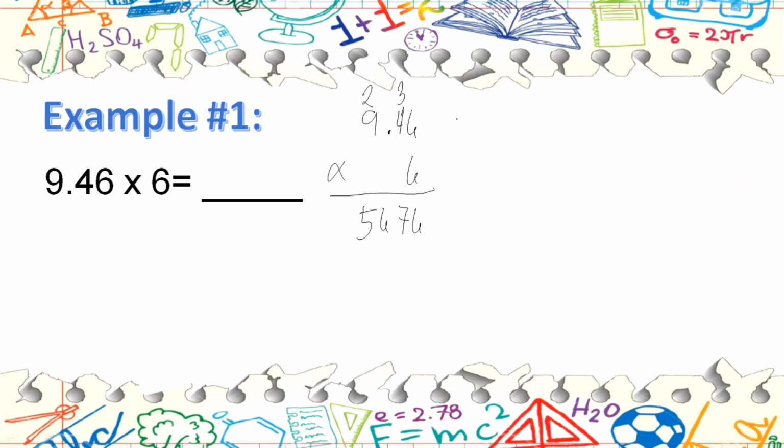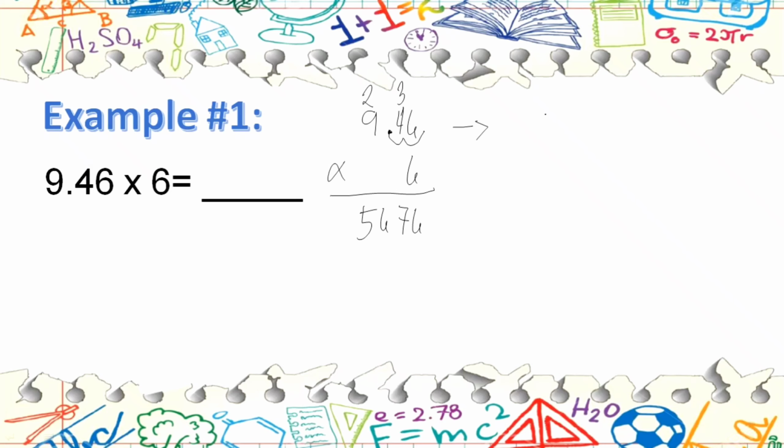So, dito sa ating first given, yung 9.46, so bibilangin natin yung decimal places ng 9.46. So, from the decimal point, magmo-move tayo backward para mabilang natin yung decimal places. So, we will move 1, 2. Hanggang sa makarating tayo dun sa last digit ng ating first given.